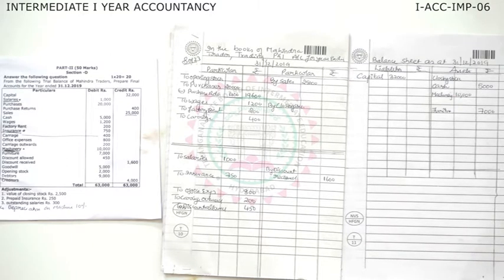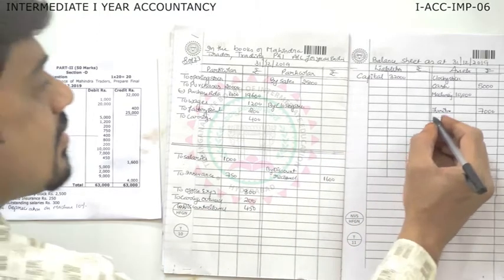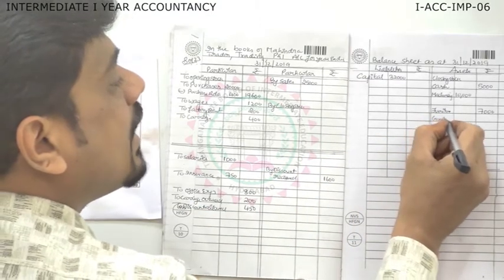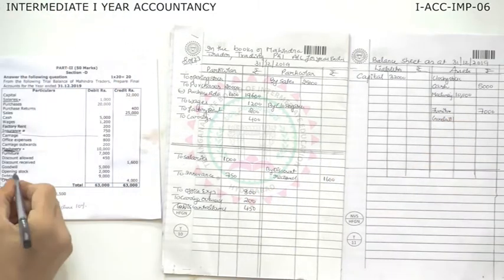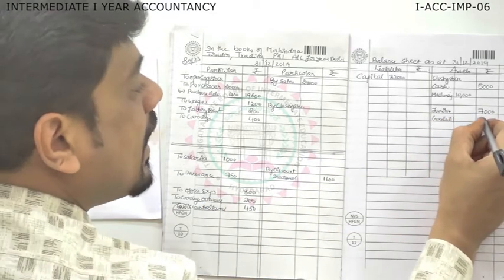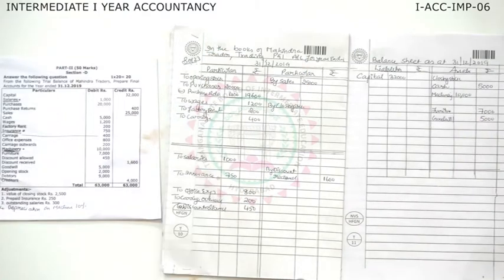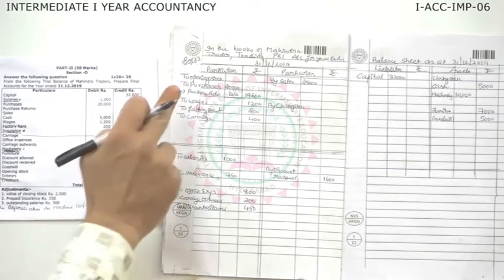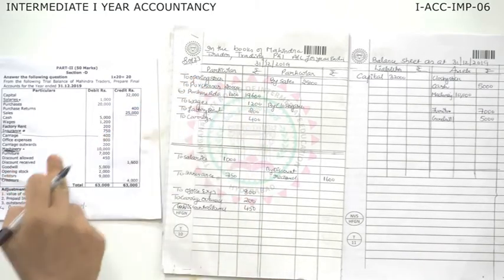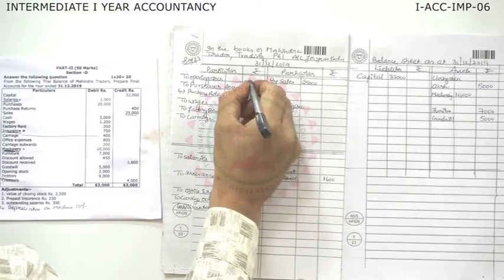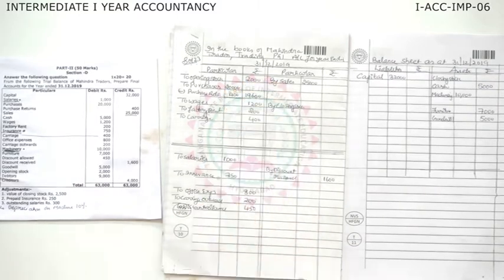Like that, patents, copyrights, trademarks are also intangible. So asset side will write goodwill. How much is the goodwill? 5,000. Then opening stock. We know opening stock comes in trading account. Already we wrote opening stock. Amount is 2,000.